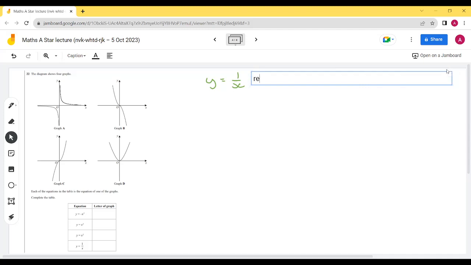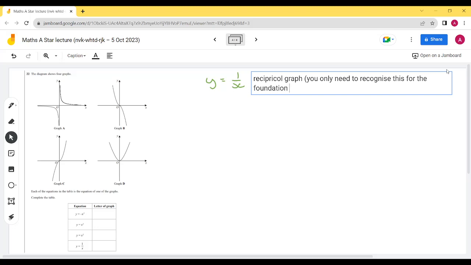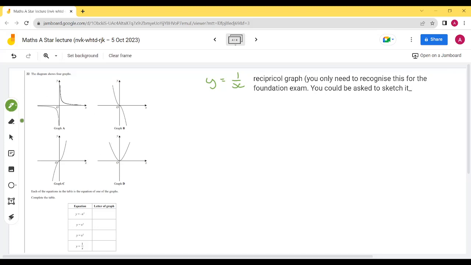This is known as a reciprocal graph. And you only need to recognize this for the foundation exam, although you could be asked to sketch it. So y equals 1 over x is always going to be like graph A, a reciprocal graph.